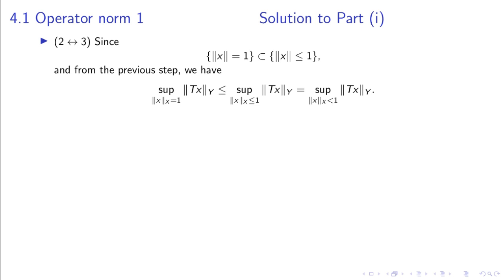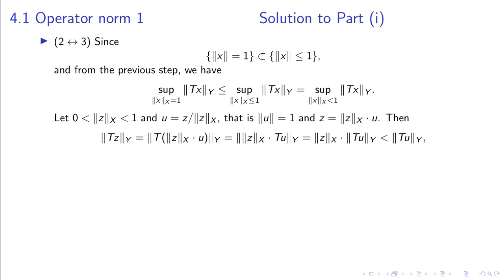To obtain the reverse inequality, take any point z in X with ‖z‖_X strictly between 0 and 1. We can normalize z to lie on the unit sphere by defining u equals z divided by ‖z‖_X. Then u has norm 1 and z equals ‖z‖_X times u.